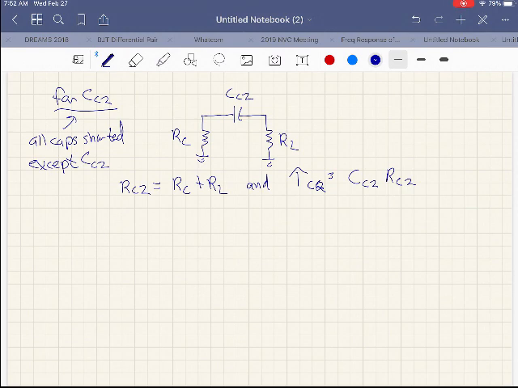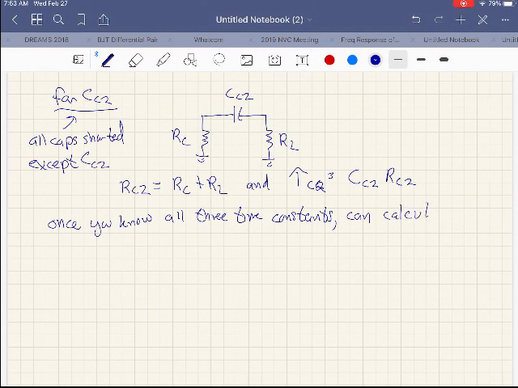Once you know all 3 time constants, you can calculate, maybe estimate is a better term here, the 3 dB frequency, FL.